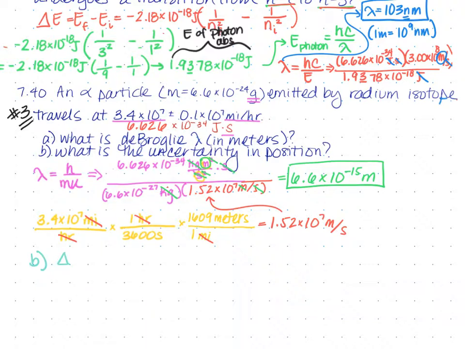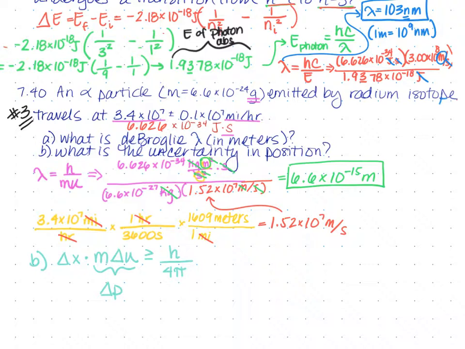It says the uncertainty in position, that's what delta x is, times the mass times the uncertainty in speed, which really is the uncertainty in momentum, but specifically here we're looking at speed and mass, is greater than or equal to a constant, which is Planck's constant over 4 times pi. So we want to solve for the uncertainty in position in this case.